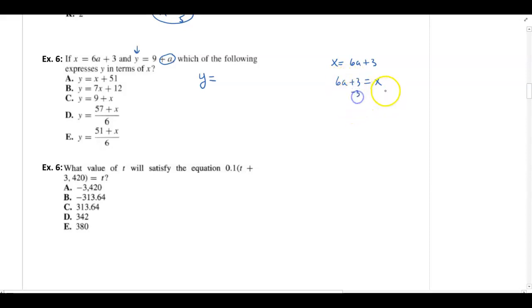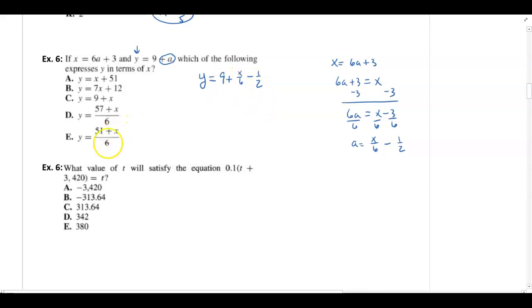Always undo addition and subtraction first. 6a equals x minus 3. Now I'm going to divide everything by 6. And a is equal to x over 6 minus 3 over 6, which reduces to 1/2. So now, if I come over here, y is equal to 9 plus, I'm going to replace a with x over 6 minus 1/2.